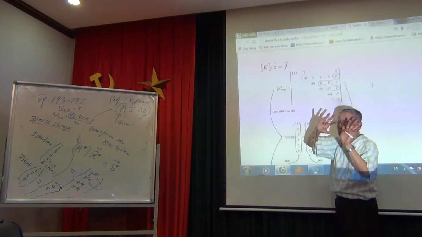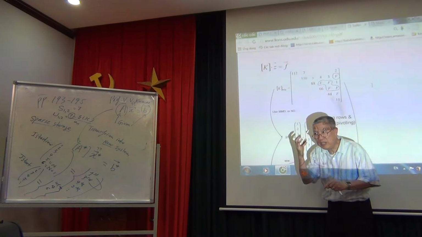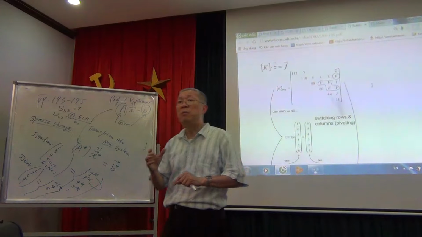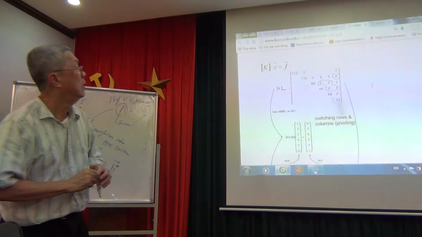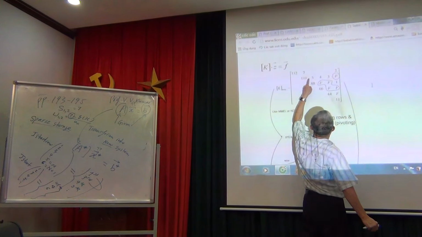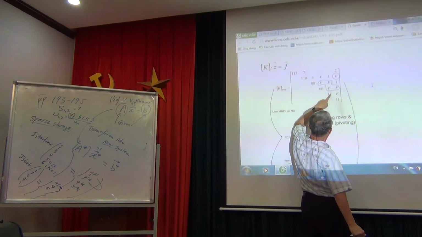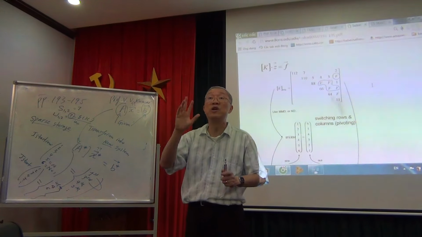Well, first you count. How many non-zero do you have from the beginning? Can you tell me, from this matrix? Oh, 1, 2, 3, 4, 5, 6, 7, 8, 9, 10, 11, 12. From the beginning, you have 12 non-zero.